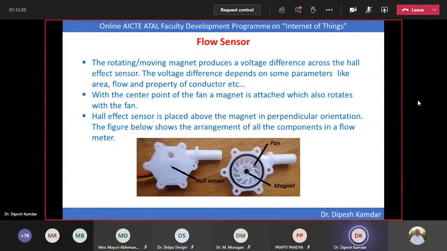Based on the varying magnetic field, voltage is generated and this voltage is calibrated. Once this voltage is found, we can put some complex calculations to find out how much amount of flow is there.